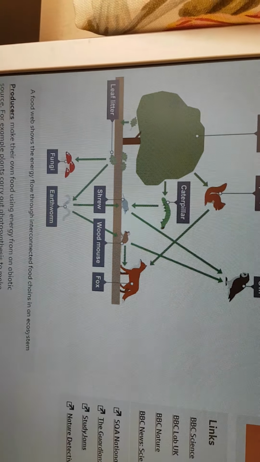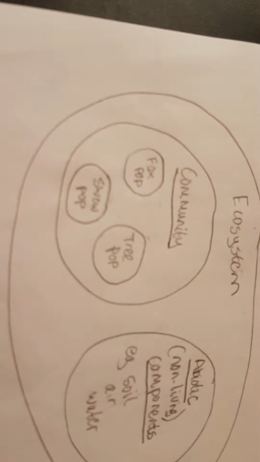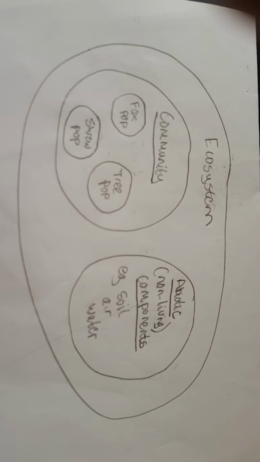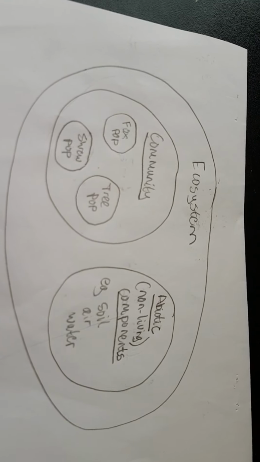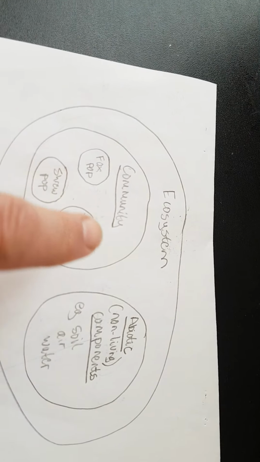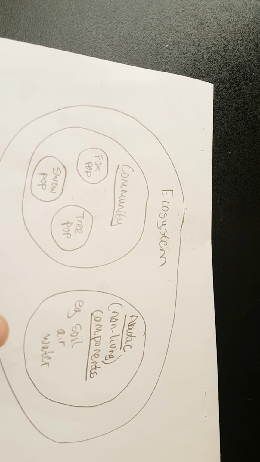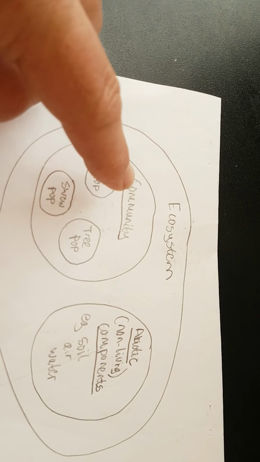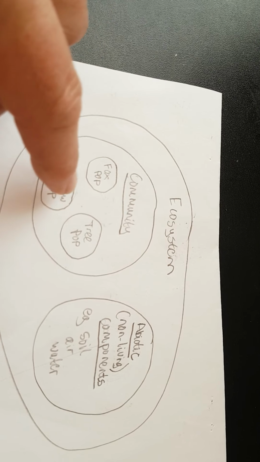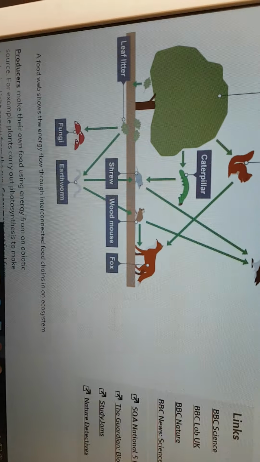This can maybe be summed up with a little Venn diagram showing that like this. An ecosystem consists of community plus abiotic components. Abiotic just means non-living components. And the community is itself made up of all of the different populations.